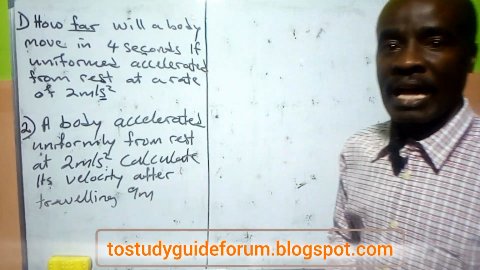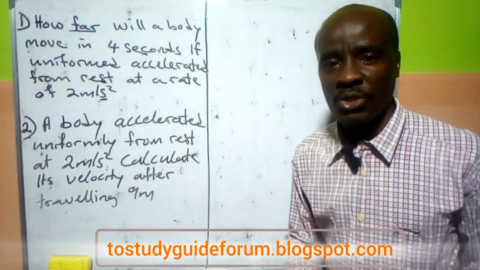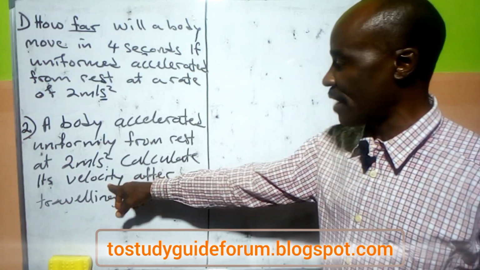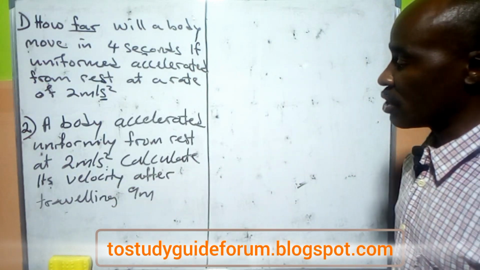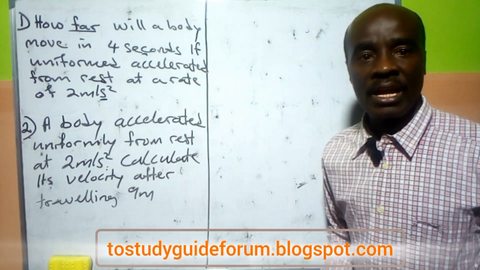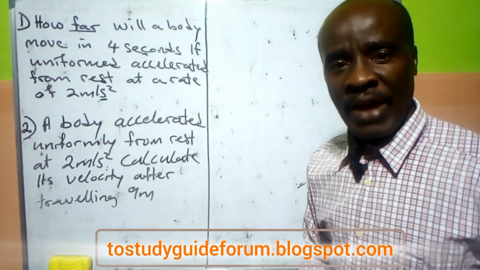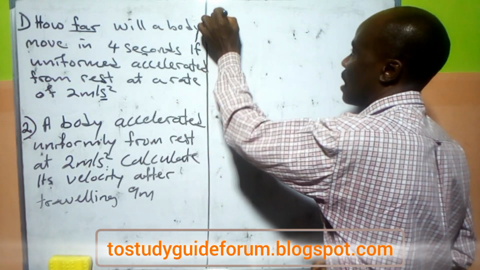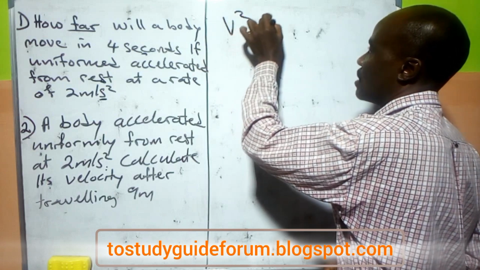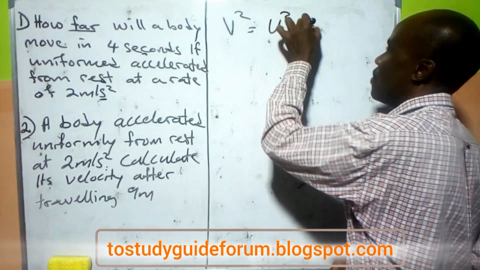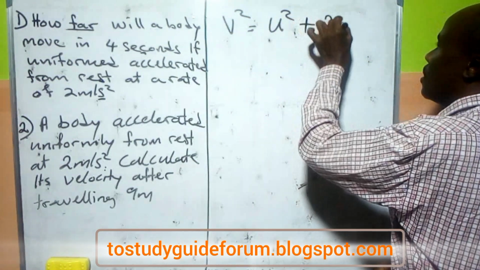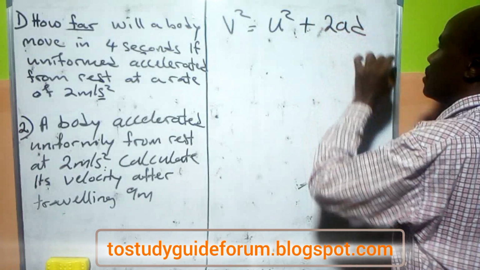Now the best equation of motion for this, because we are looking for the final velocity, is the one that will give us information about final velocity. The one that gives good information on that is the one where we have a and d.